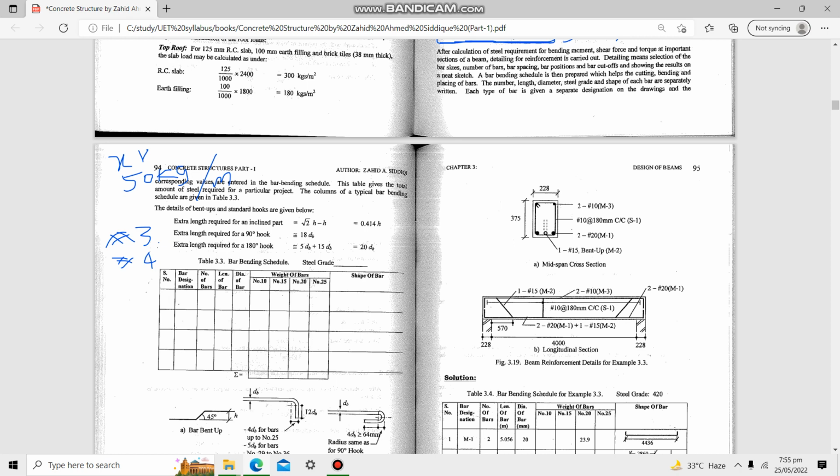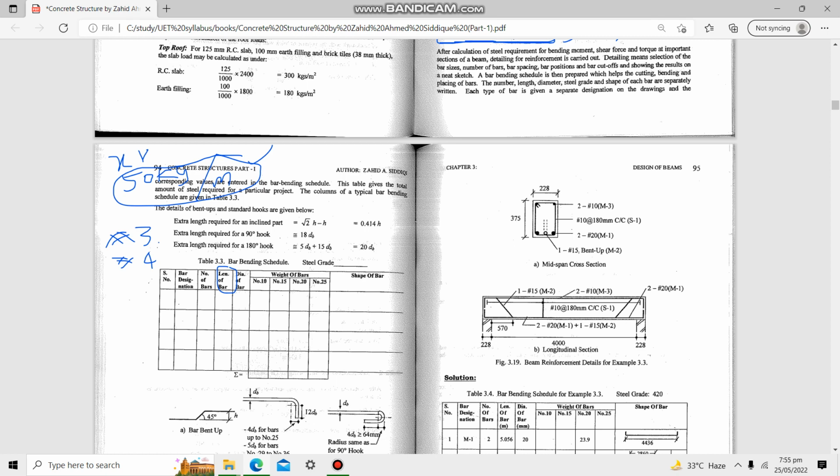So I will be having this value with me, 50 kg per meter. When I have calculated the total length of bar, I can just multiply that length by this number which we already know, which is basically the universal law for us, and we can get the weight of our bars.